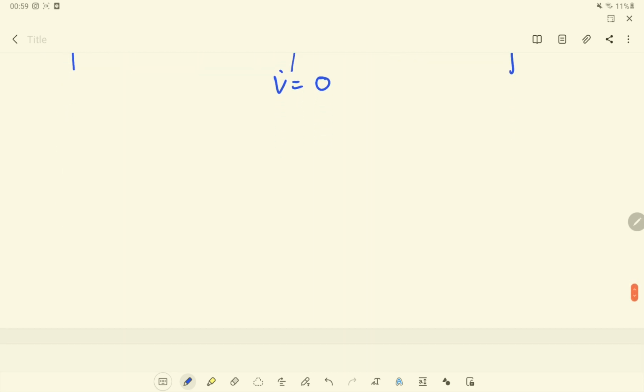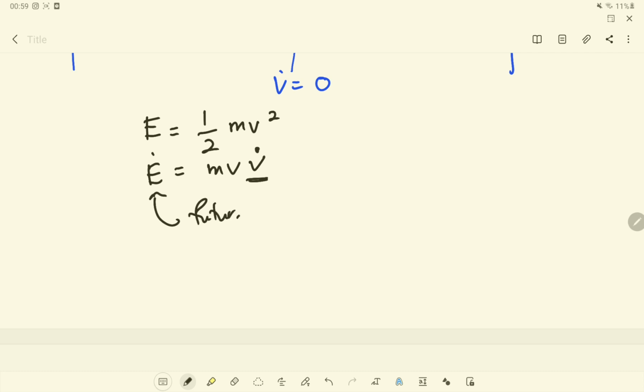Now, what is the equation for energy or kinetic energy? E equal to 1 over 2 m v squared. If we differentiate this, we get E dot equal to m v v dot. Something we're familiar with. Here we want to predict the future value of the energy.